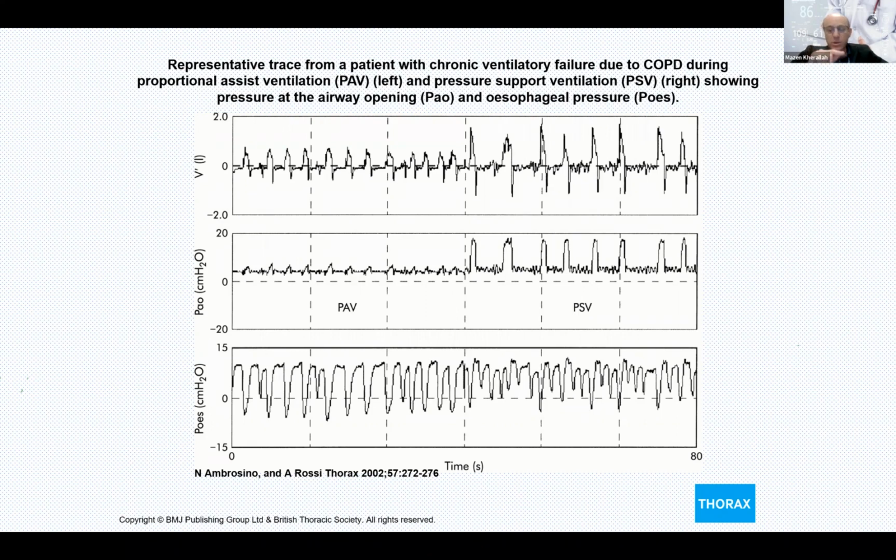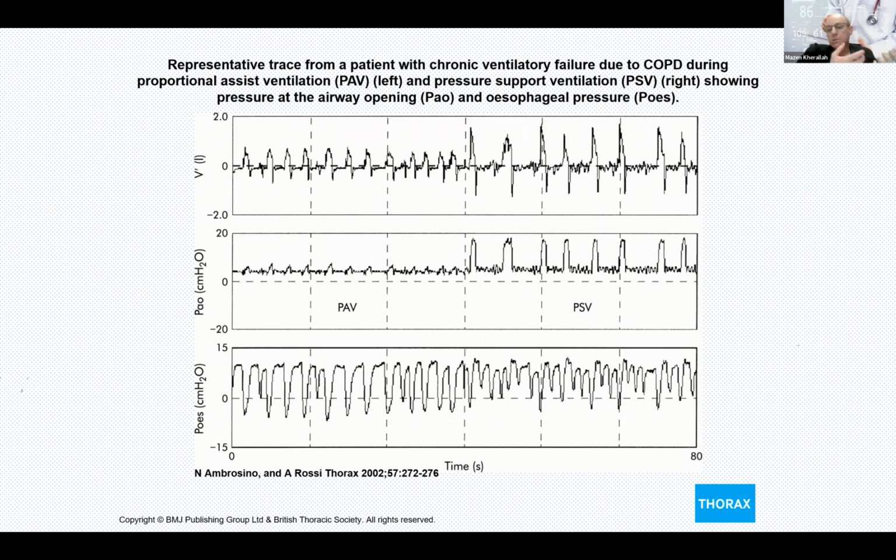And this is where the problem of this mode is. Again, this mode is triggered based on the patient's flow. So the patient needs to trigger the flow initially. If he's unable to generate enough flow to trigger because of the auto PEEP, at that time you're not going to trigger the ventilator. So this is where the problem with auto PEEP exists.